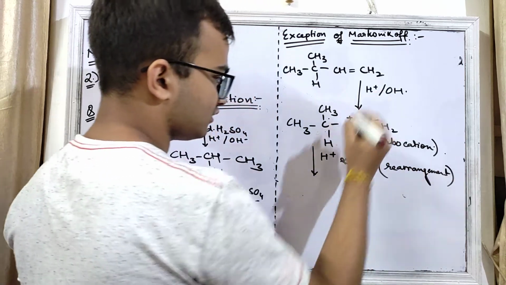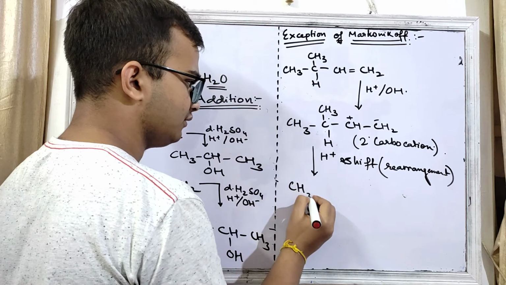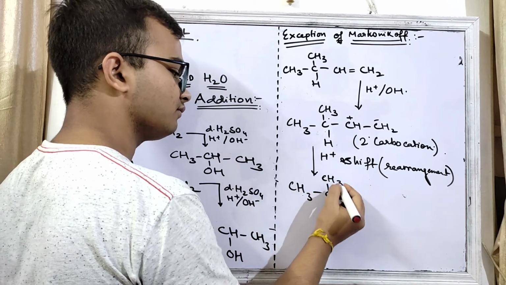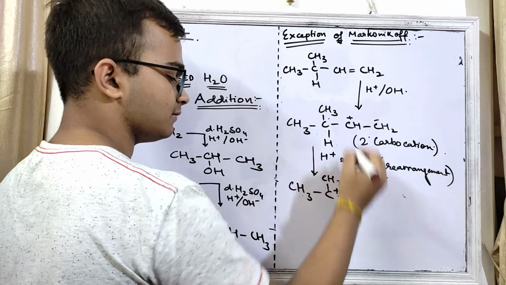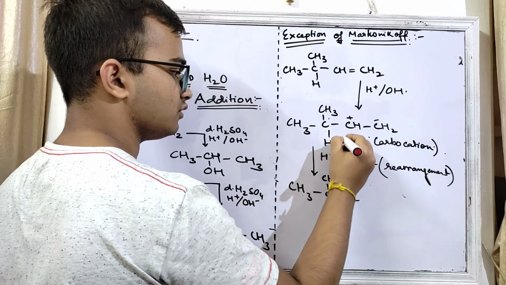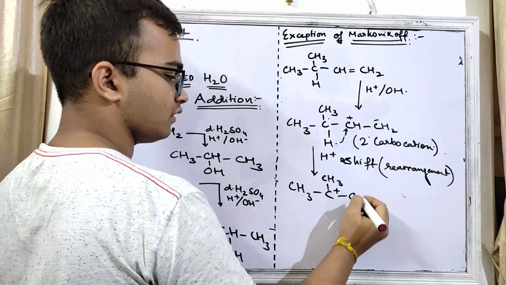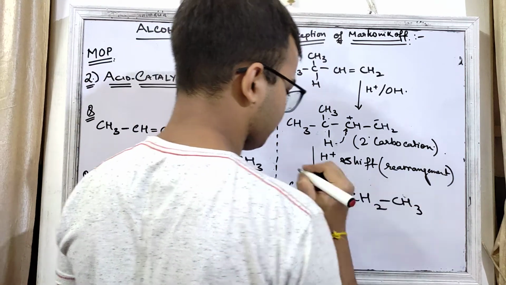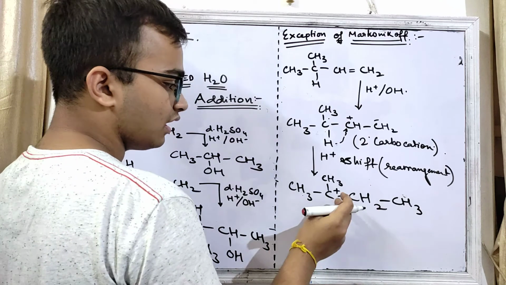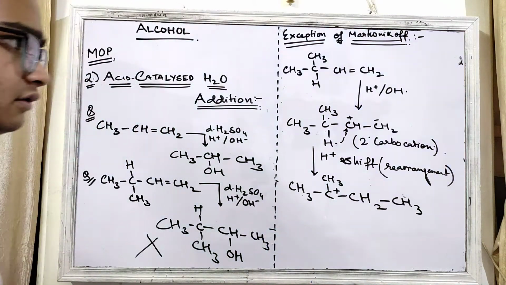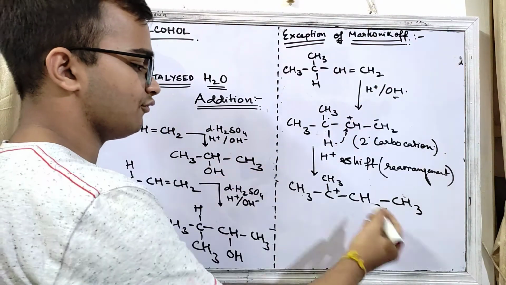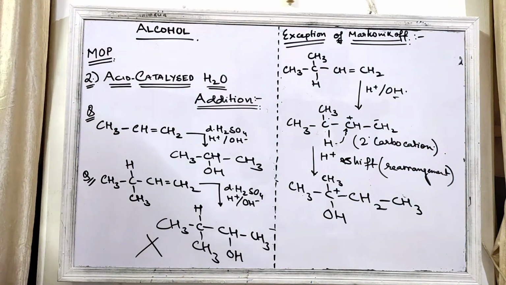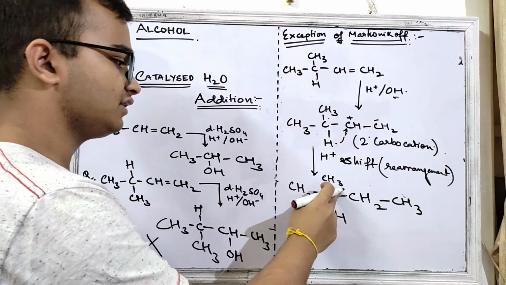As a result of this, CH3 C plus CH3 and this will be CH2, this H is going over here, CH2, this will be CH3, and since there is a plus charge over here, OH minus will attack this side and this is the answer, and this plus charge will be removed.